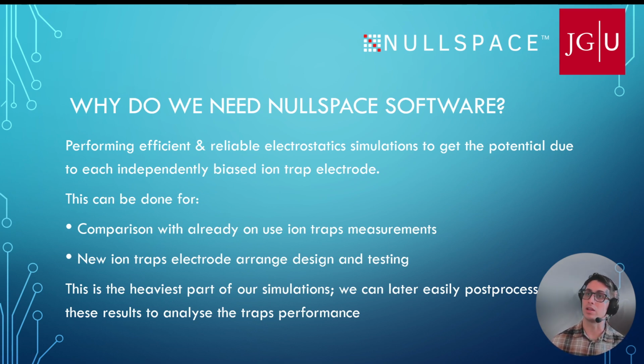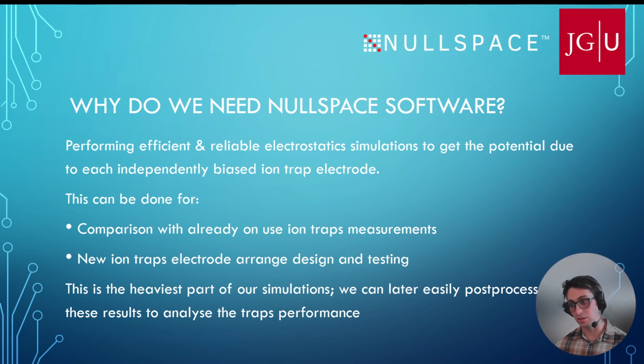We need to get the potentials due to each independent DC bias electrode, and also the potentials due to all the RF bias, radio frequency bias electrodes, because as I will show you later, those are very relevant in the very fundamental physics behind trapped ions quantum computing.